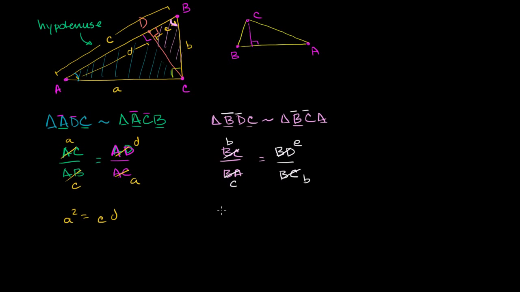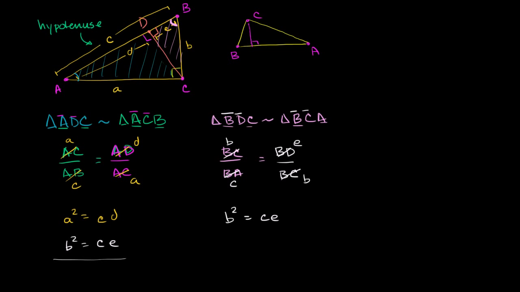We can cross multiply here and we get b times b, and I've mentioned this in many videos, cross multiplying is really the same thing as multiplying both sides by both denominators. B times b is b squared is equal to CE. And now we can do something kind of interesting. We can add these two statements. So b squared is equal to CE.